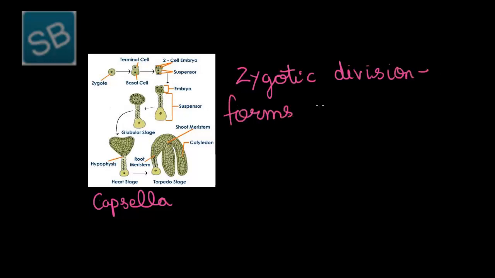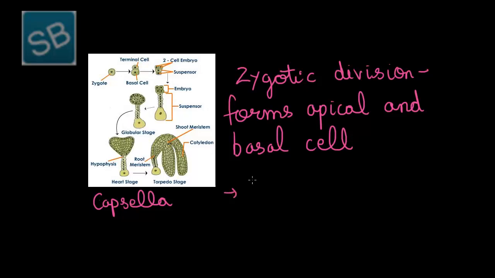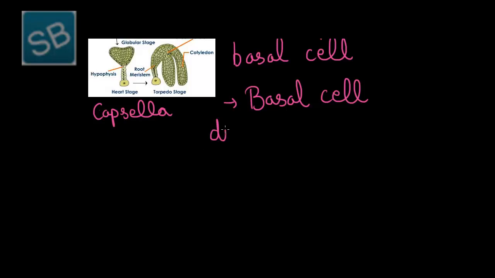In this structure, zygotic division forms the apical and basal cell, out of which the basal cell divides transversely and the apical cell divides vertically.